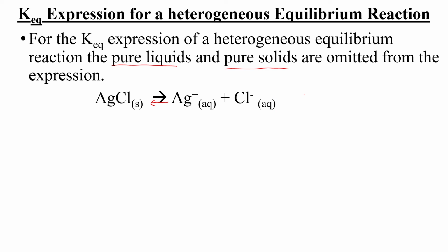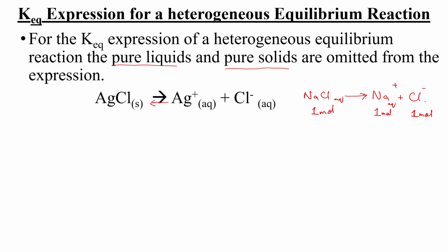If we compare it with sodium chloride and dissolve sodium chloride in water, it gives 100% dissociation. That means if you start with 1 mole of sodium chloride, it will give you 1 mole of sodium ion and 1 mole of chloride ion.